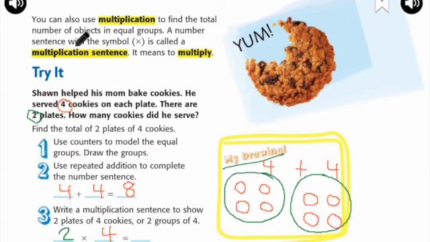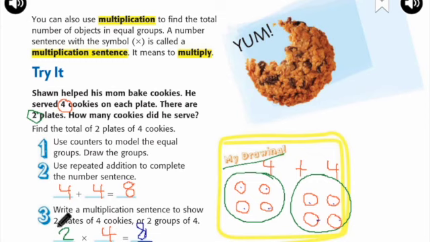And finally, I'll switch my color to blue just so you can see my total, which will be the total number of cookies on both plates, which I just counted: 1, 2, 3, 4, 5, 6, 7, 8 is 8. And excuse my writing because my computer's being a little bit glitchy.